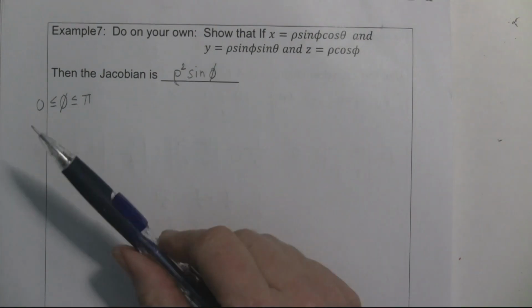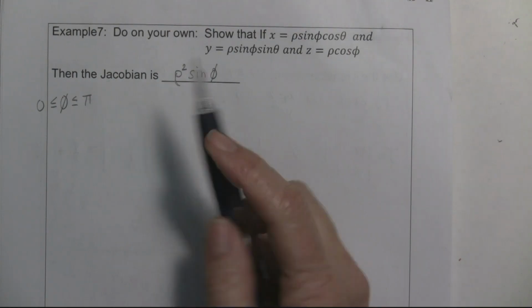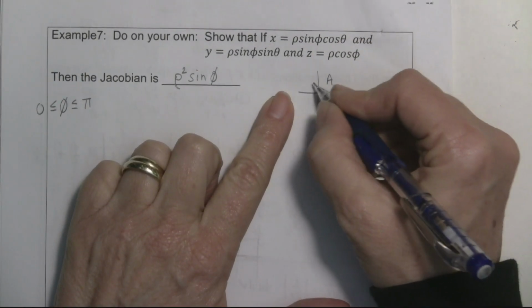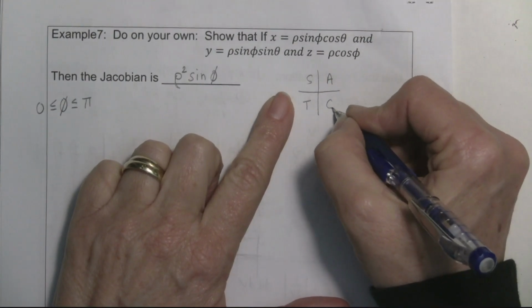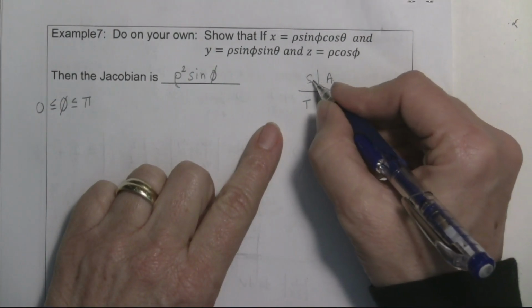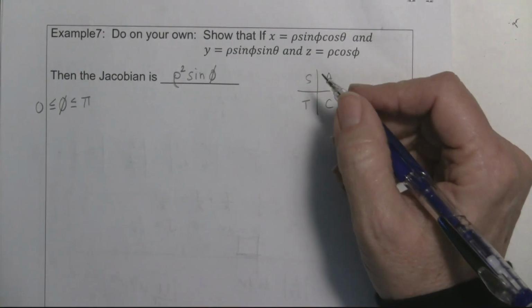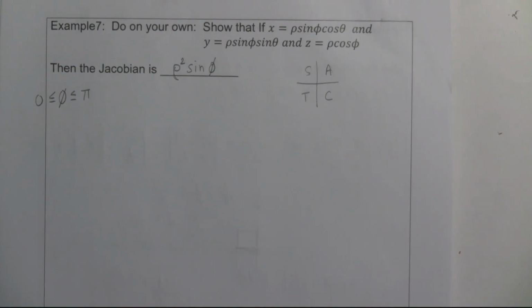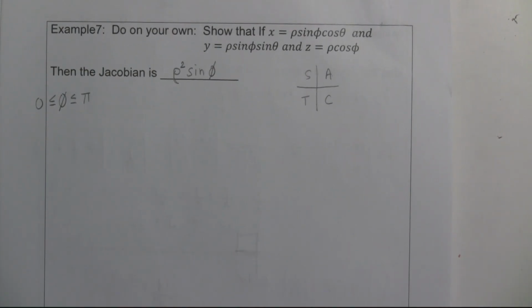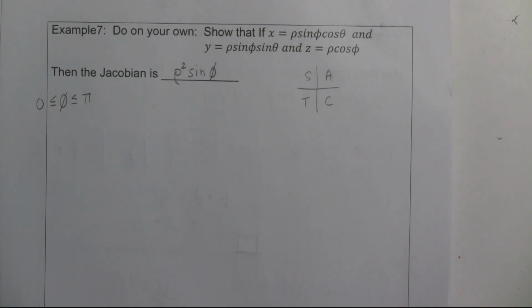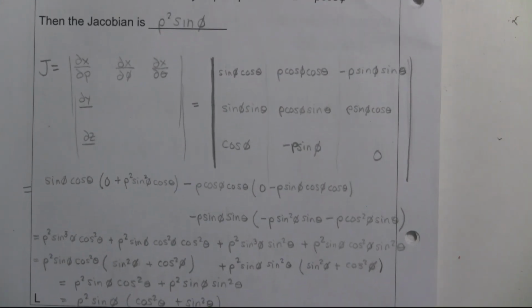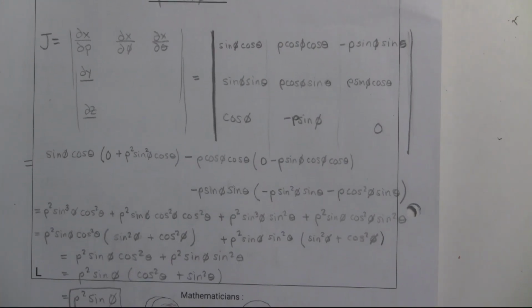And if phi goes between 0 and pi, I'll remind you how it goes: all students take calculus. So from 0 to pi, sine is positive. That's the reason I don't have to have the absolute value around it. I actually did it earlier, and I'll flip that under there so that you can see how I did it.